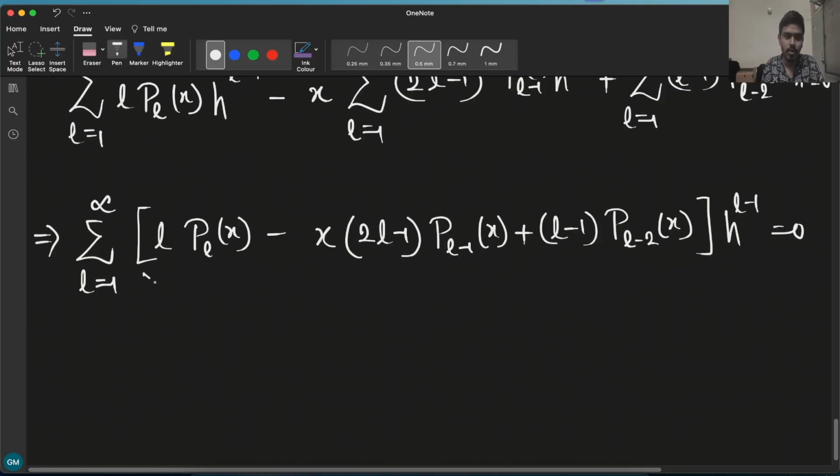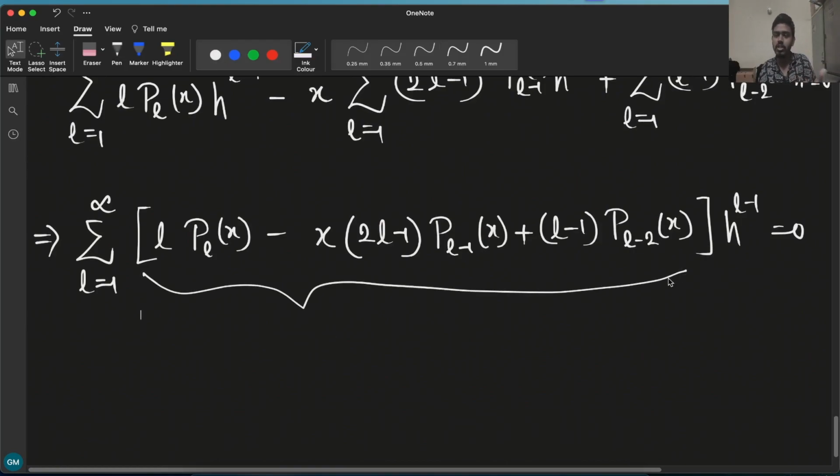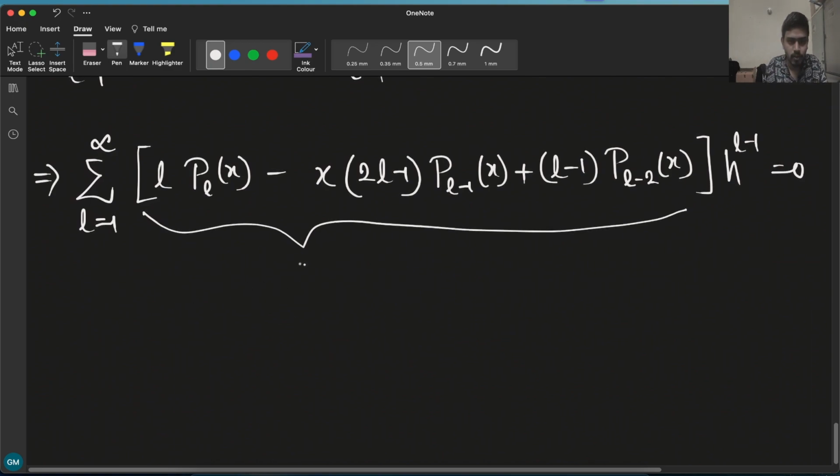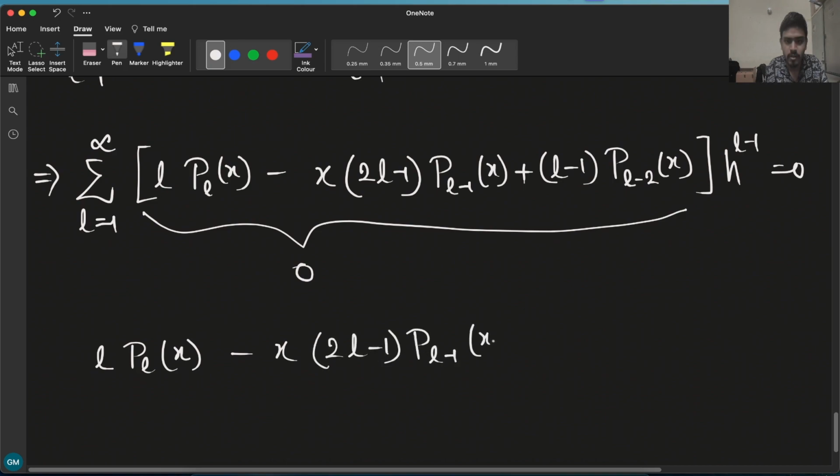So it's just like a power series in h, and the right hand side equals 0. That means all the coefficients will also equal 0. If I make all the coefficients equal to 0, that means L P_L(x) minus x (2L minus 1) P_{L-1}(x) plus (L minus 1) P_{L-2}(x) equals 0.